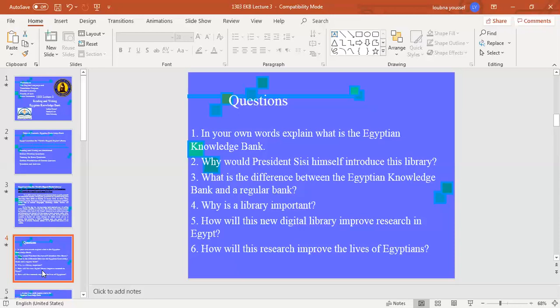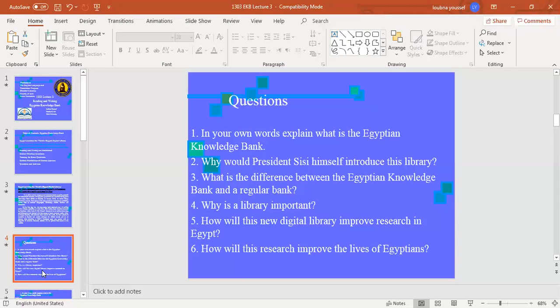And the last question is, how will this research that you read on the site of the library help us to improve the research in Egypt and therefore help us to improve the lives of the Egyptians?